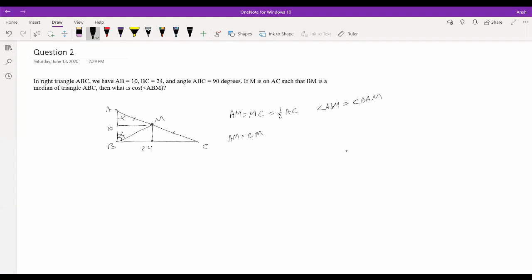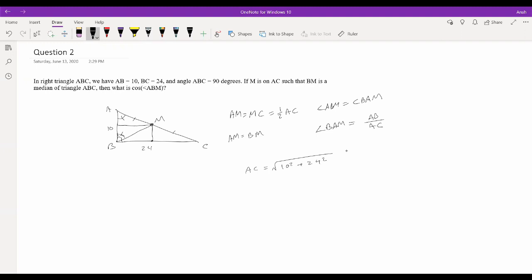And the cosine of BAM, since it is an angle in a right triangle, is just equal to AB over AC. To find AC, we can just use the Pythagorean Theorem. We have AC equals the square root of 10 squared plus 24 squared.